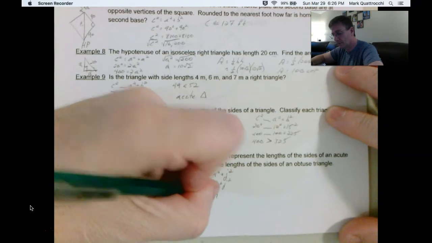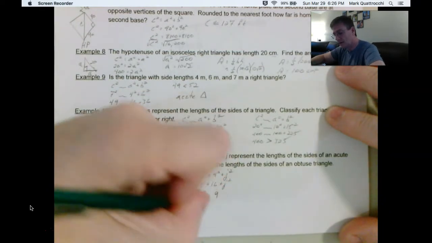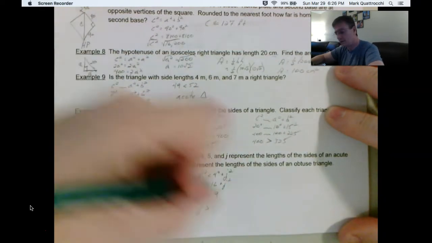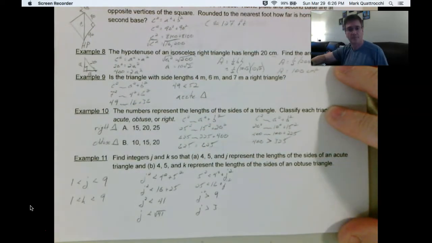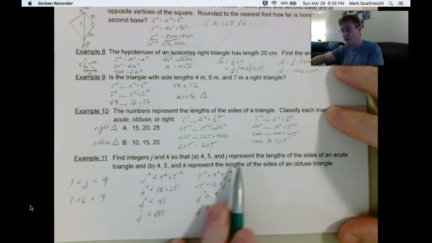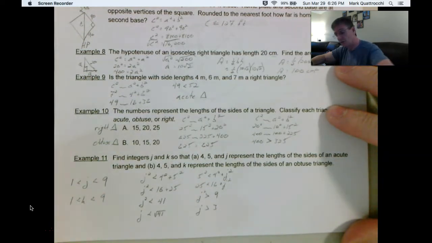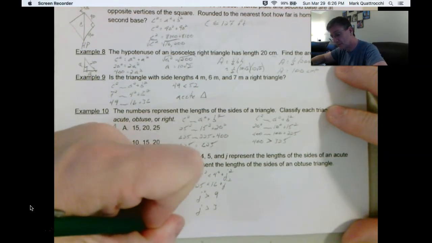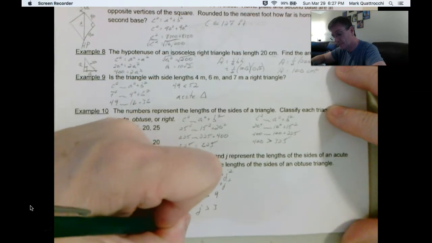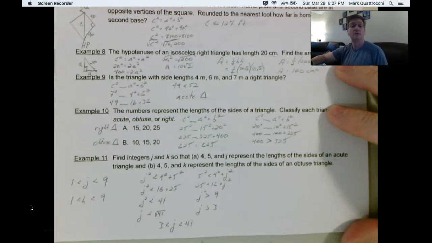J has to be greater than 3. So yes, J had to be between 1 and 9 to make the triangle. So does K. But J, if we want that triangle to be acute, has to be greater than 3 and less than square root of 41. So J's final answer: J has to be between 3 and square root of 41.